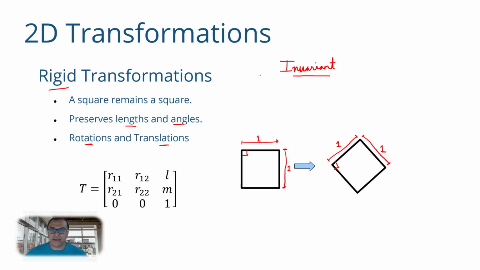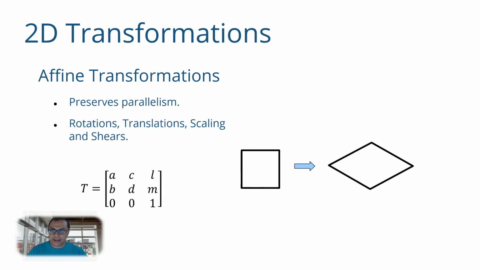They don't change under rigid transformation. Now, if you think about affine transformations instead, then in an affine transformation, angles can change because the moment you do a shear, angles change. And lengths can also change because you can do scaling.